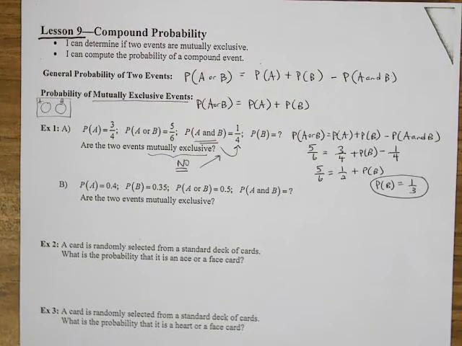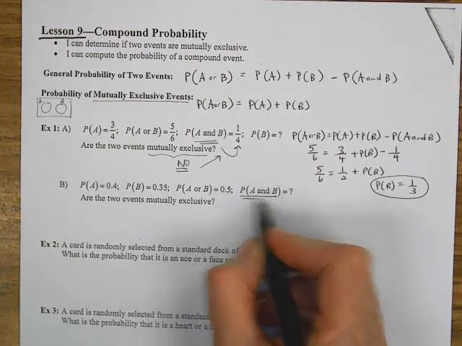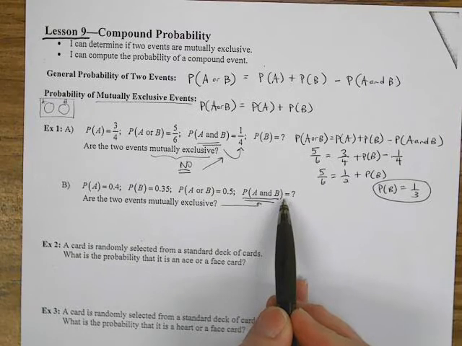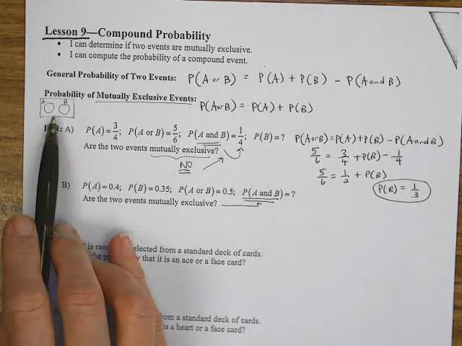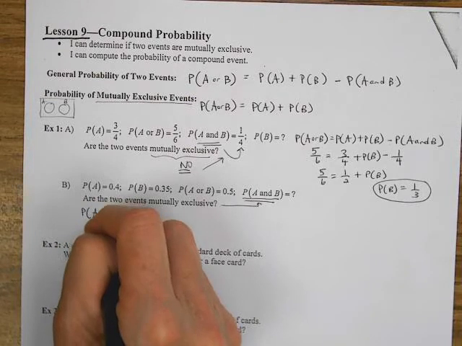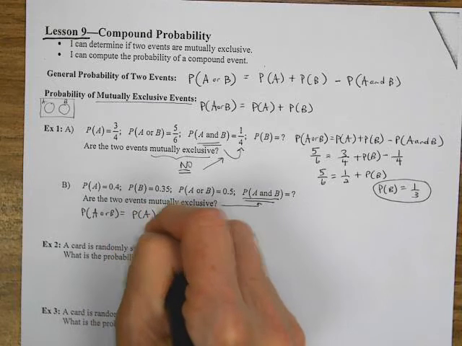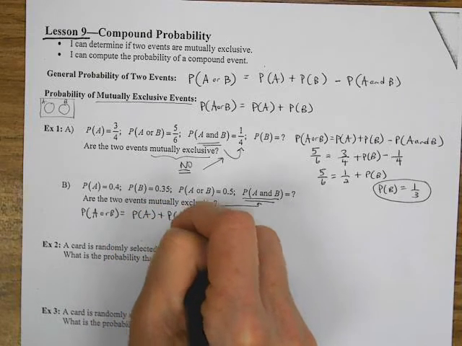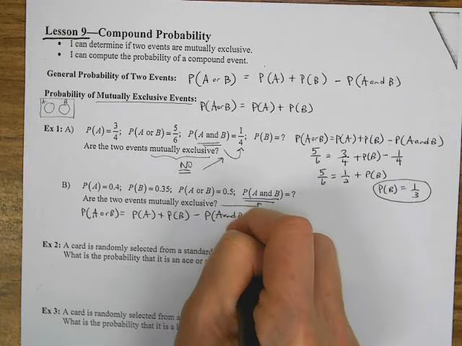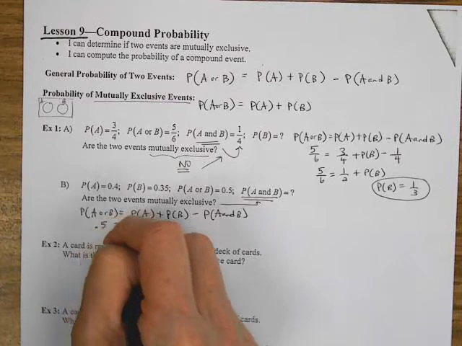Part B, same idea. Are the events mutually exclusive? I don't think I can answer that yet because I don't know what this is. So it's all tied to, does this have a value? If this is 0, then they would be mutually exclusive. So let's again use our formula. Probability of A or B is probability of A plus probability of B minus probability of A and B. So we know this is 0.5.